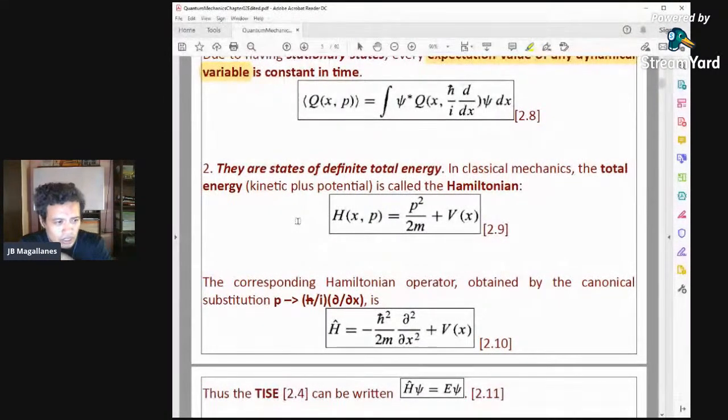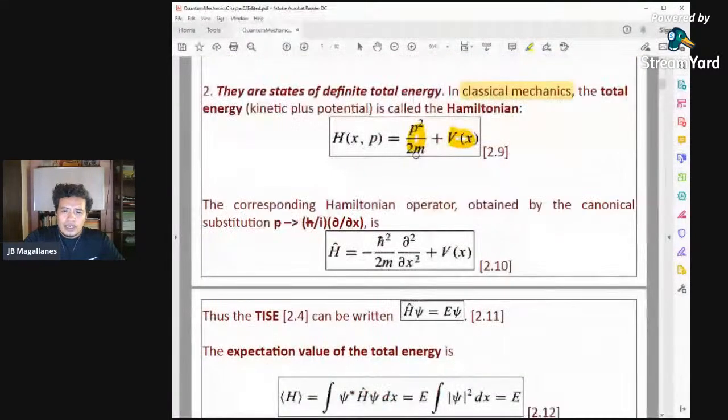The energy is quantized, fixed at a particular state. It's not an energy that is one and becomes zero later or negative later, but an energy that is fixed. So in classical mechanics, we have the Hamiltonian, which is just the sum of the kinetic energy and the potential energy.